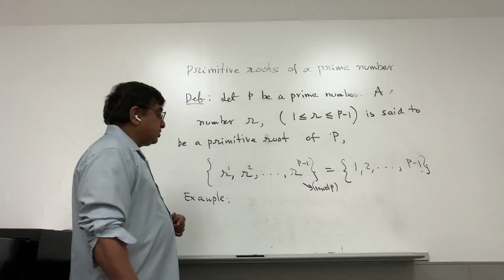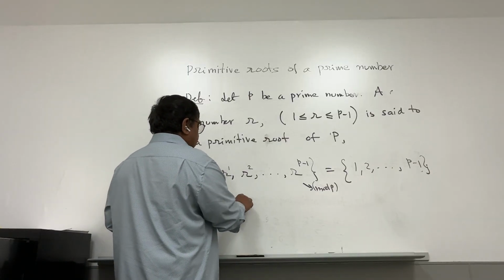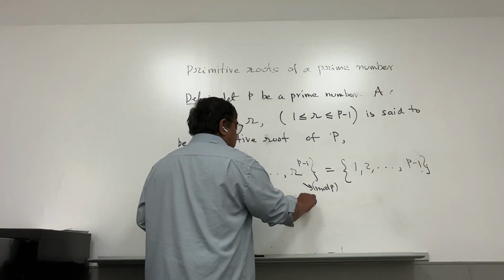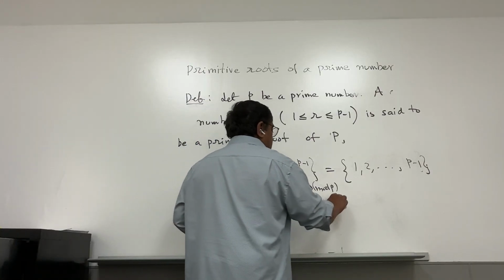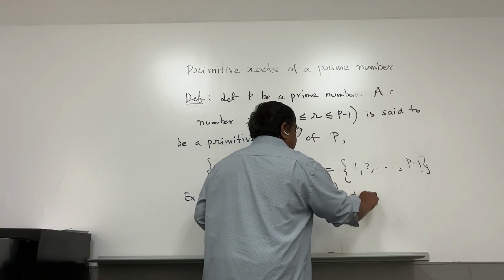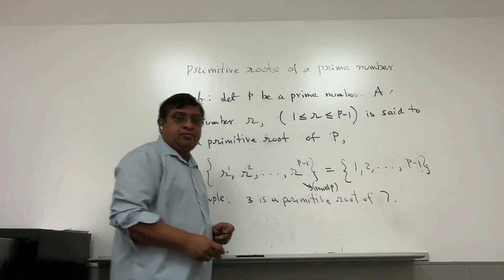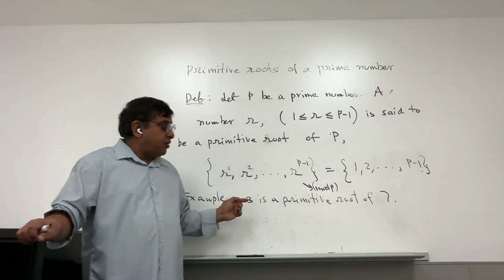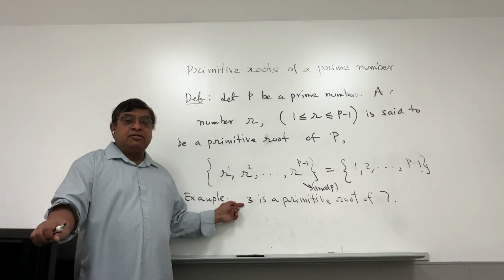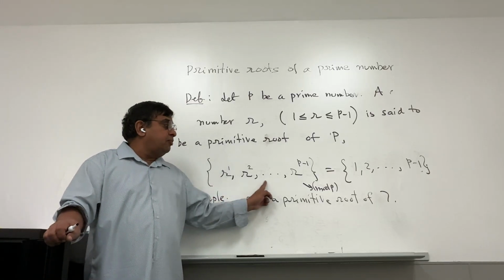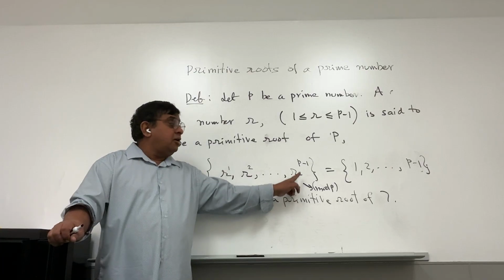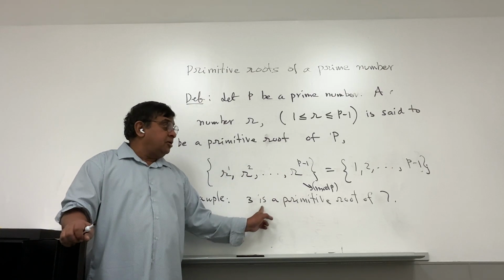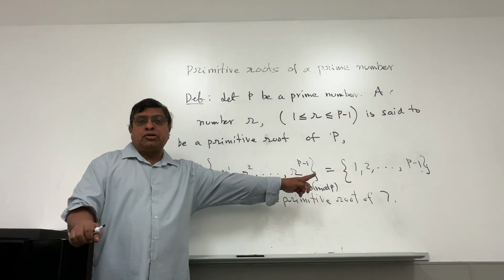The example is: 3 is a primitive root of the prime number 7. So how do I check this? If I want to check 3 is a primitive root, I have to compute all the powers of 3 up to 6. So 6 powers of 3, and I should get the numbers 1 through 6.